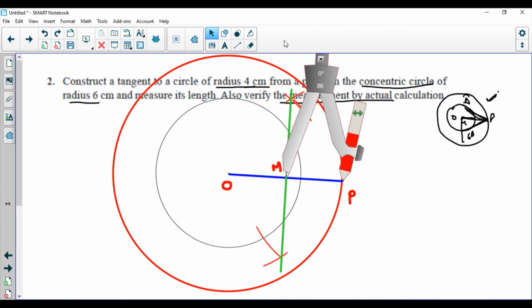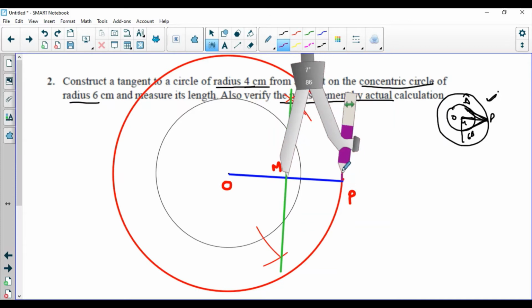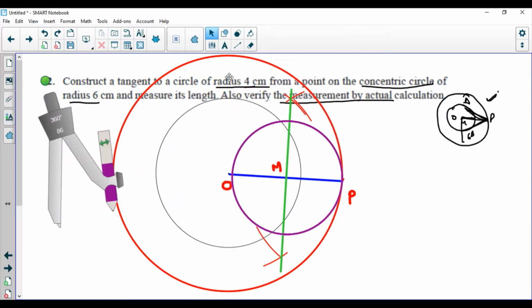Now this purple circle meets the original black circle at 2 points.